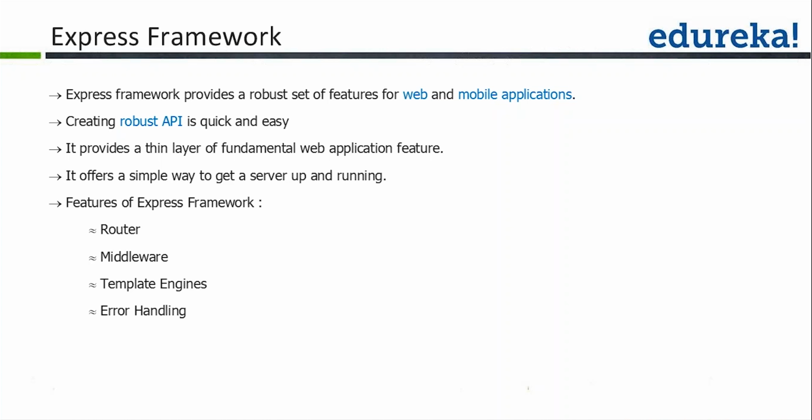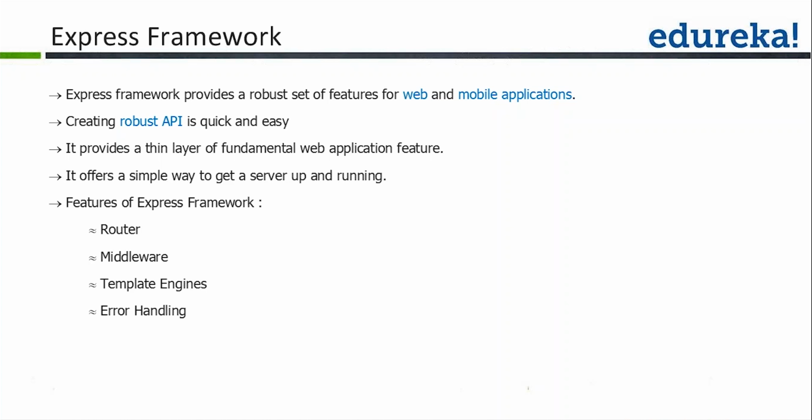You should be able to set these template engines. At the same time, we have a good error handling mechanism in Express. If you don't want to use the error handling mechanism directly, we can use our normal try catch block, the same way we use try catch in Java or JavaScript, in the Node layer also.